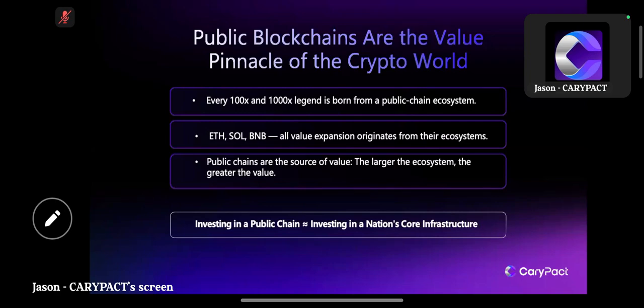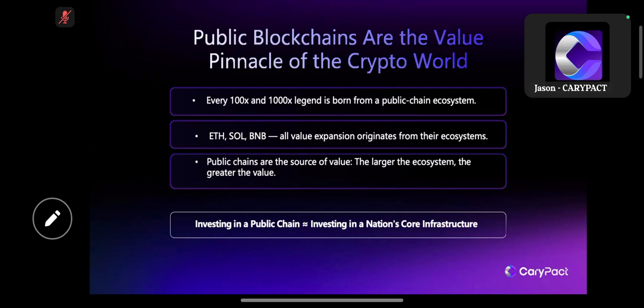For your information, the entire crypto market cap is about 3 trillion US dollars, and almost 1.87 trillion of that is covered by public chain ecosystem coins. That's huge. It is contributing towards the blockchain industry itself, so it's very important for us to note.